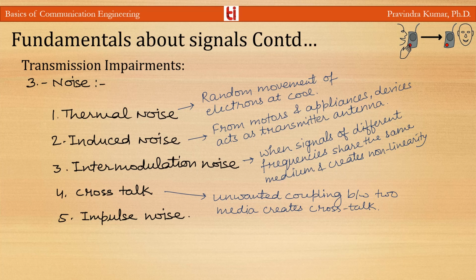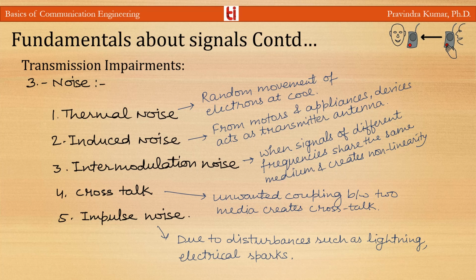In our telephone network, crosstalk is a daily phenomenon, that is, we can hear unwanted talk. The impulse noise arises due to disturbances such as lightning and electrical sparks. This is not generated in the medium, but the environment generates it from electric sparks, welding, turning switches on and off, etc.